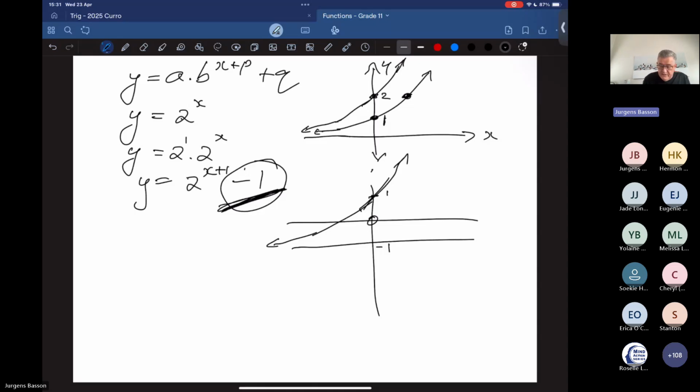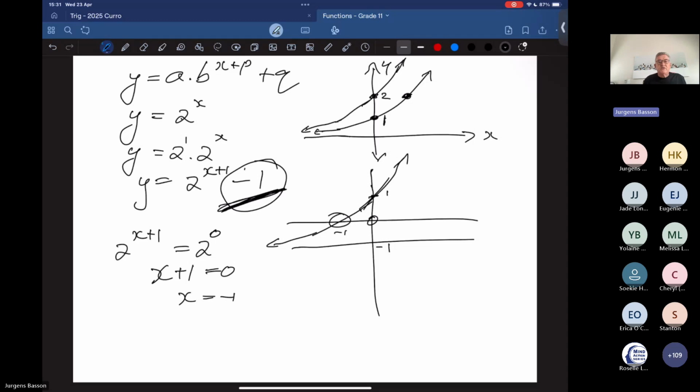The y-intercept is at 1, but it will also have this x-intercept here. And that is when 2 to the x plus 1 is equal to 2 to the 0. So x plus 1 is 0, so x is minus 1.